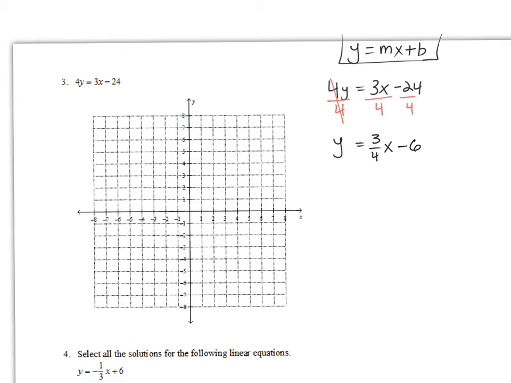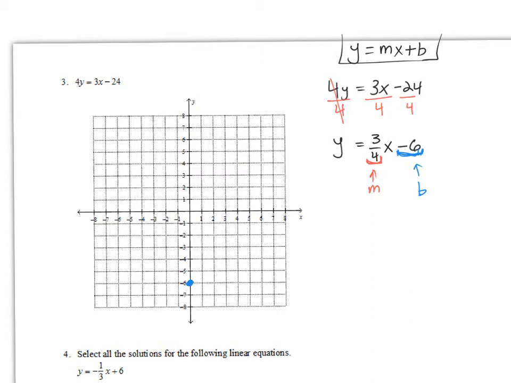So when I go to graph, I've got my m, my slope, and I've got my starting point. My b is negative 6. It's going to include the sign in front of it. And the slope is positive 3/4. So on my graph, I'm going to start at negative 6. And my rise over run is up 3 over 4, because it's rise divided by run.